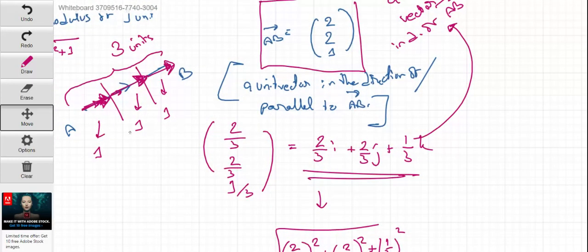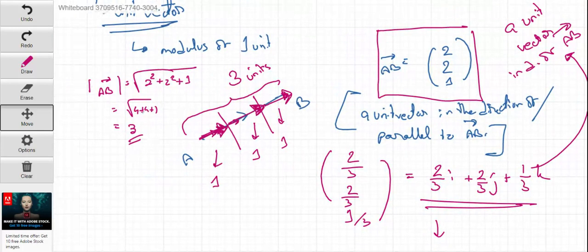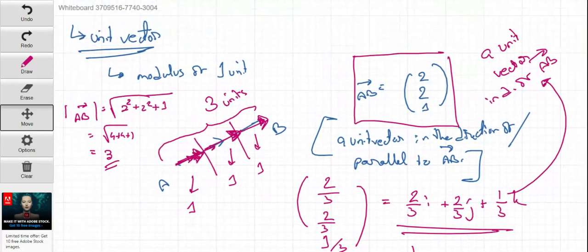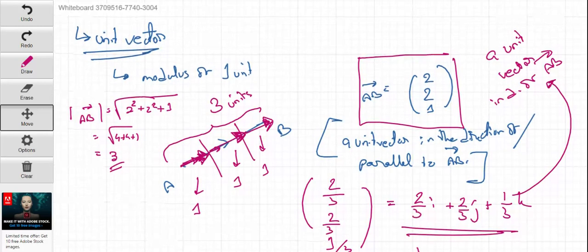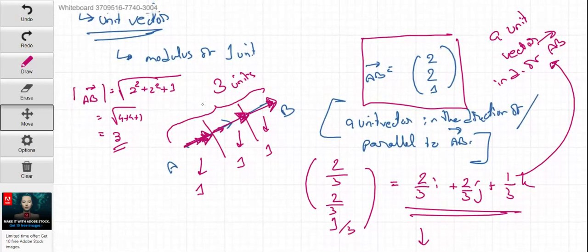So hopefully, bringing all of this together, in case you're worried about what really happened, what I did is I looked at the vector I needed to find the unit vector in the direction of. I divided it by its modulus, so that each slice, each division is exactly 1 unit. And then I applied that rule to the original vector.